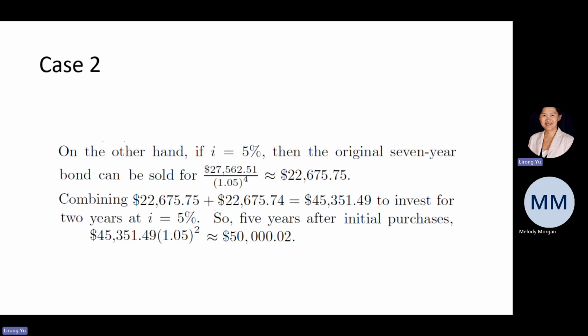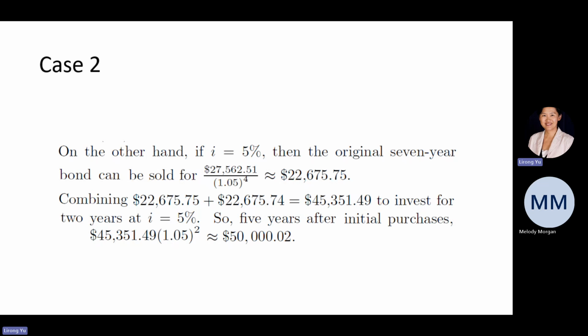Now, the second scenario is what if the interest rate didn't change at all? In that case, you do the same: you sell your 7-year zero coupon bond for a price based on the new interest rate. And then you combine that with what you redeemed from your 3-year zero coupon bond. They end up being the same value because the interest rate didn't change.